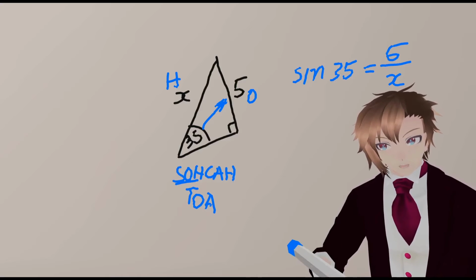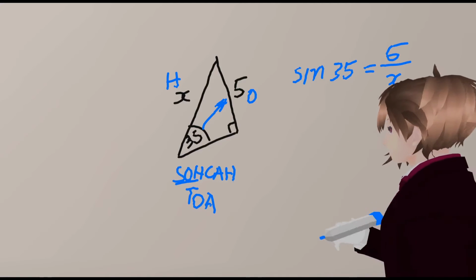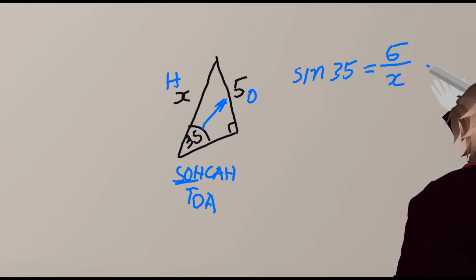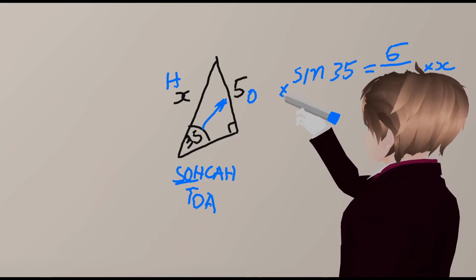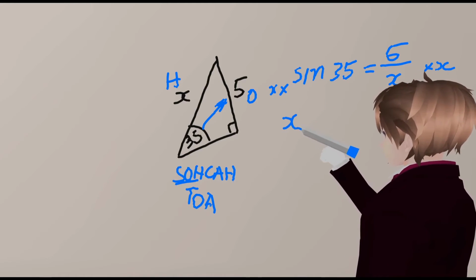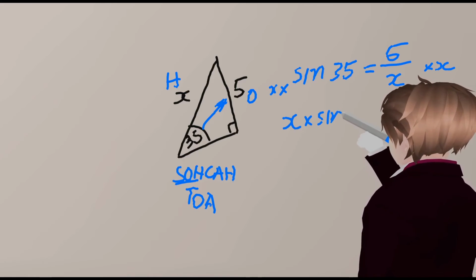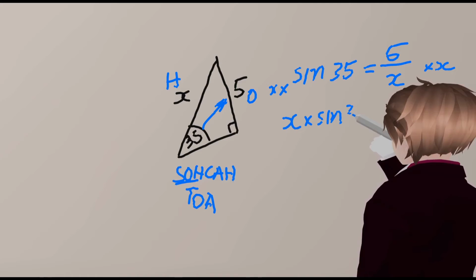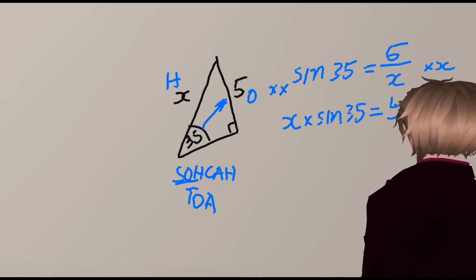So we are going to do the same process as before. We're going to times by the bottom. We're going to times this side by x, and we are going to times this side by x. We end up with x times sine 35 is equal to 5.